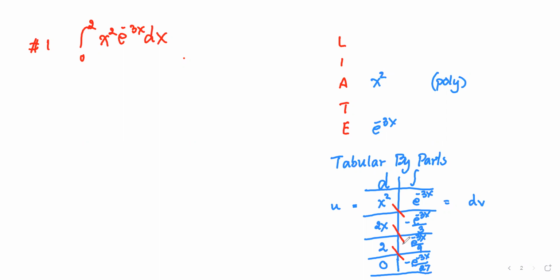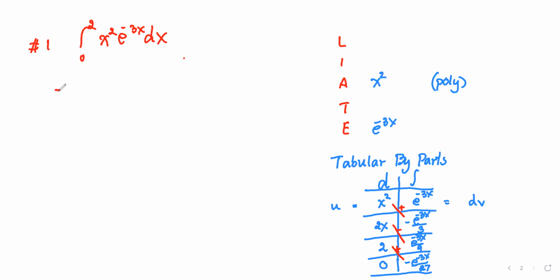Like I use the bar here to represent, you're gonna multiply x squared and negative e to the negative 3x over 3, multiply 2x and e to the negative 3x over 9, 2 and negative e to the negative 3x over 27. And how do you put them together? The first product, you're gonna put the plus sign in the front of the product, put negative sign in the front of the next product, put the plus sign in the front of the next product. So the sign will alternate every time, but starting from the plus sign.